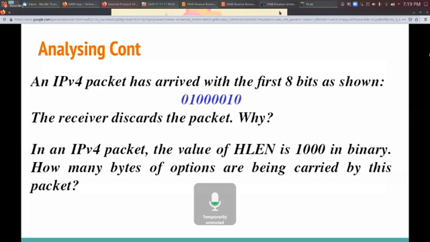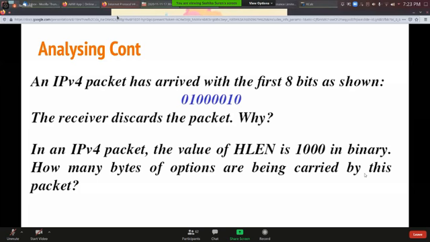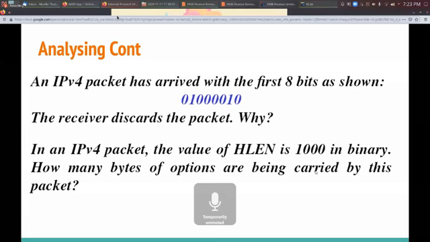So shall we go to the next slide? Okay. So what about the others?